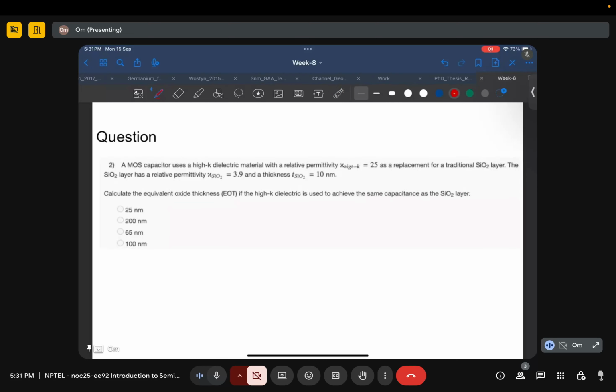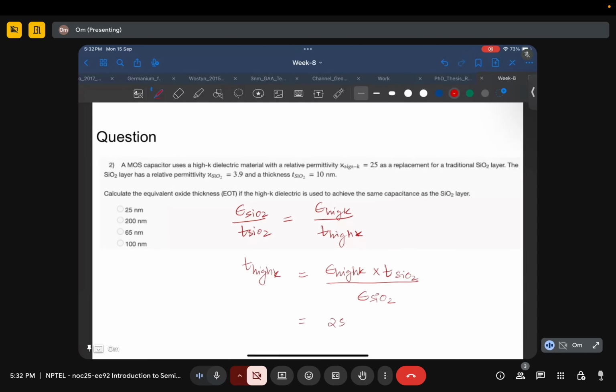So that means for same capacitance, epsilon SiO2 by T SiO2 should be equal to epsilon high K by T high K. So you have to find T high K, which is epsilon high K into T SiO2 upon epsilon SiO2.